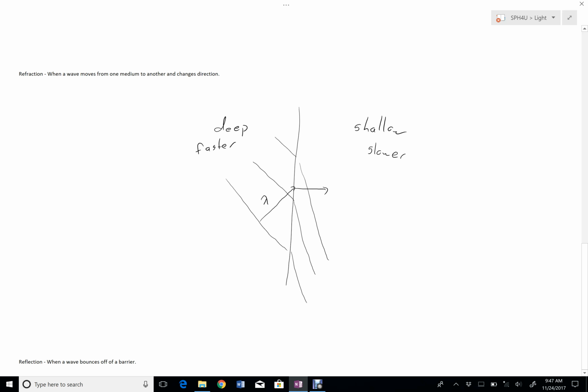Here we can see my wavelength is large, and in my new area, my wavelength is small. So to accommodate that change in wavelength, we get a slight change in direction. That ray isn't drawn all that well. Maybe it should be more like that. See, so if we imagine it was that far away from the normal in the first place, and now it's only this far away from the normal, that wave has changed directions when it went from one medium to another medium. That's refraction.